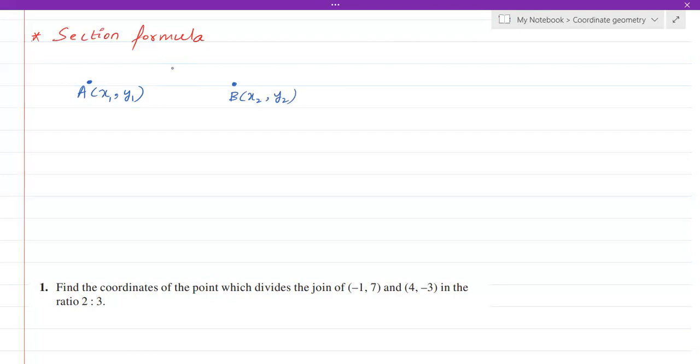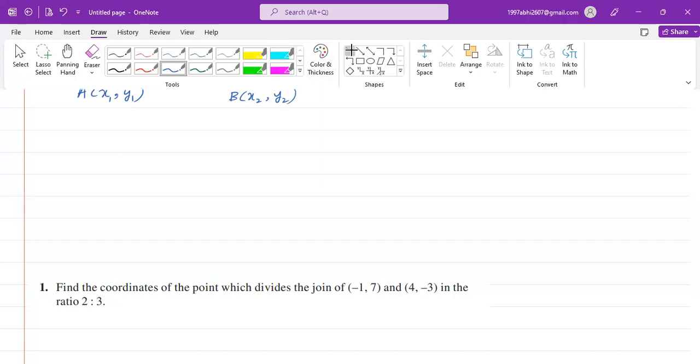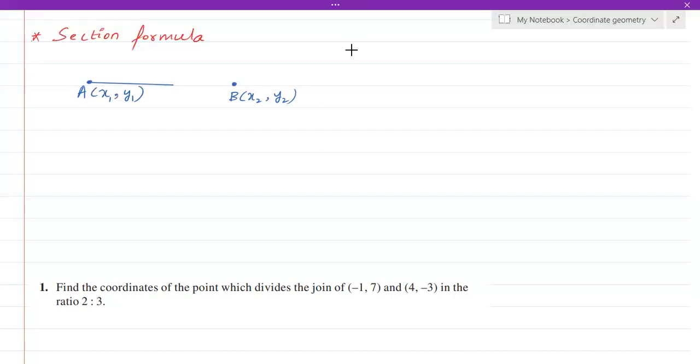So we have taken two points. Let's join these two points. Joining them, what do we get? We get a line segment.